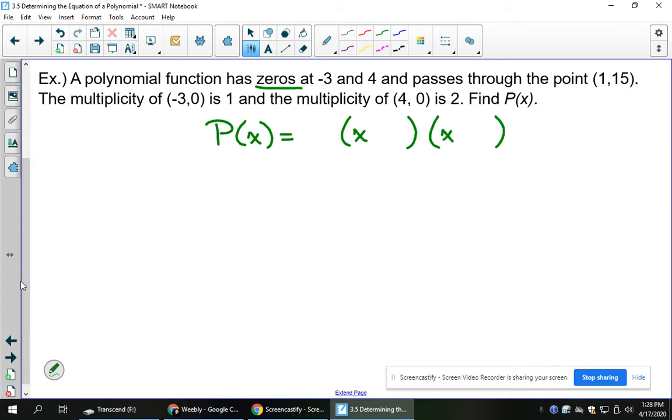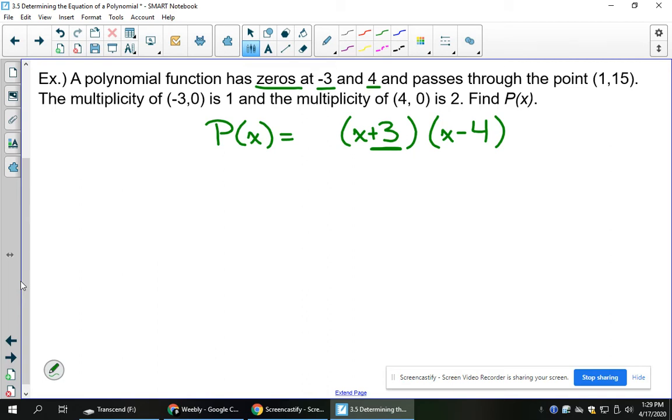But in order to know what the zeros are, what did we do to the number in here to get it? We flipped the sign. So if the x-intercept is at -3, the bracket had to have said +3. And same thing for 4. If the x-intercept is positive, the bracket had to say -4.